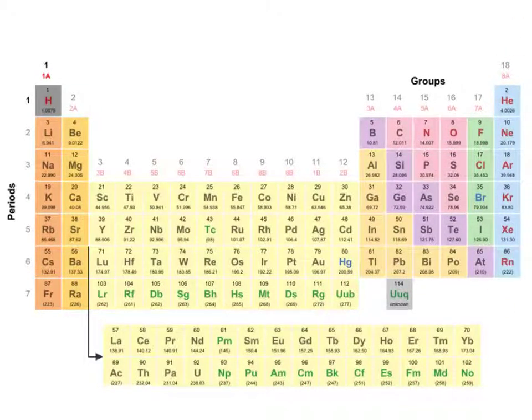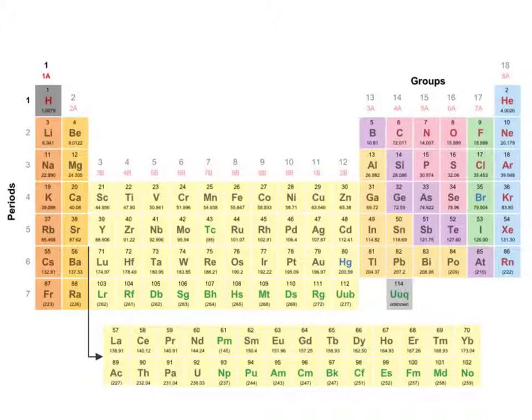Okay. So first I'm going to show you how to name covalent compounds, which is a nonmetal and a nonmetal. So just because it's easy, I'll show you H2O, which is H over here and O, oxygen, over here.